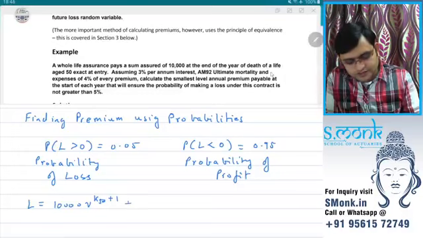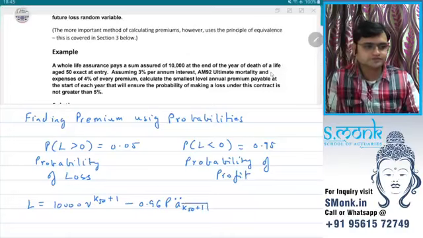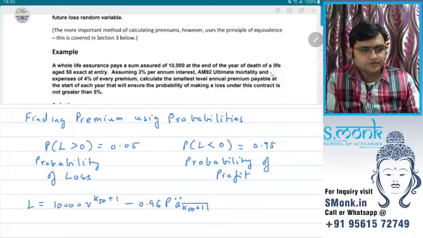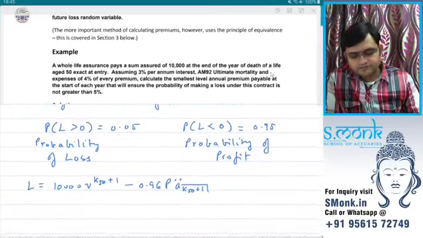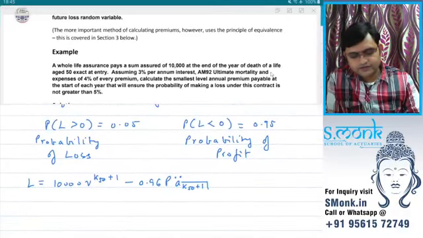So I'll say minus 0.96 premium a-due K 50 plus 1. This is our loss function. This is what we'll be seeing.